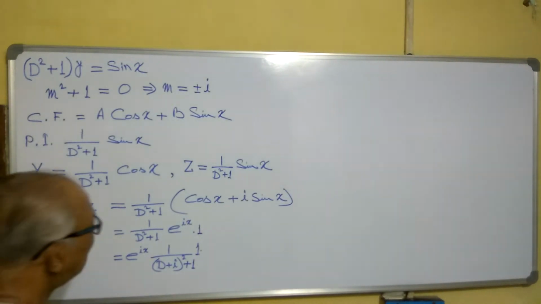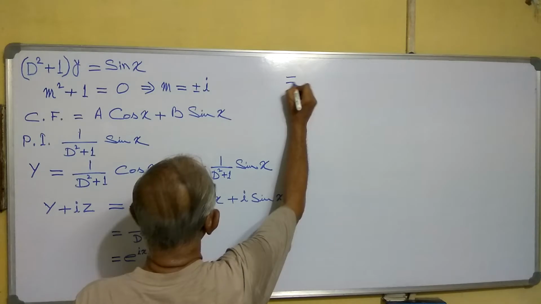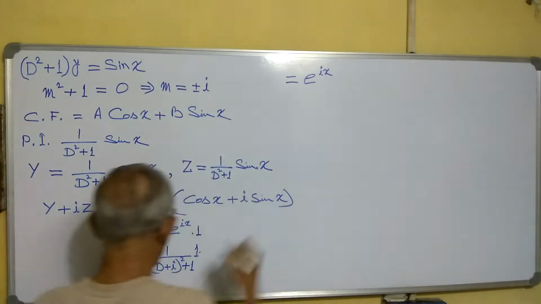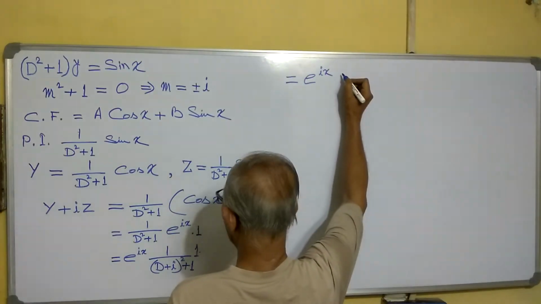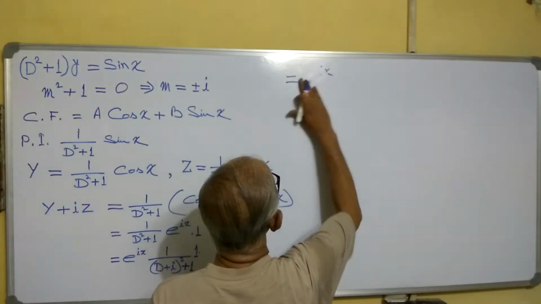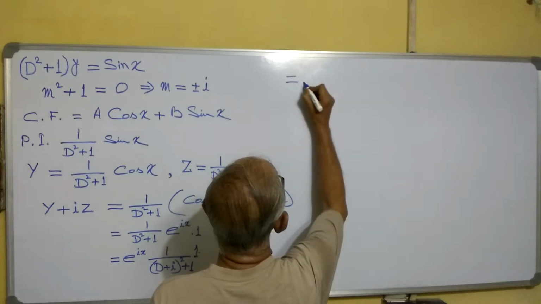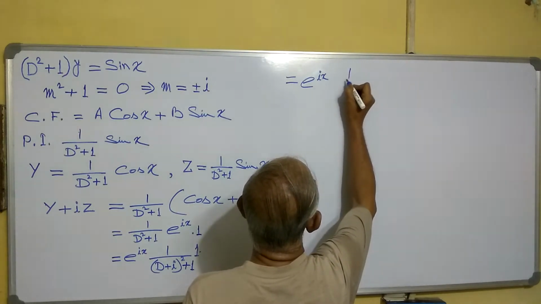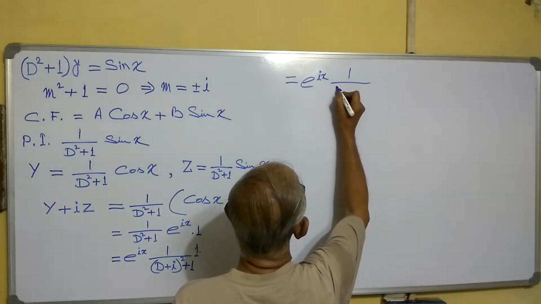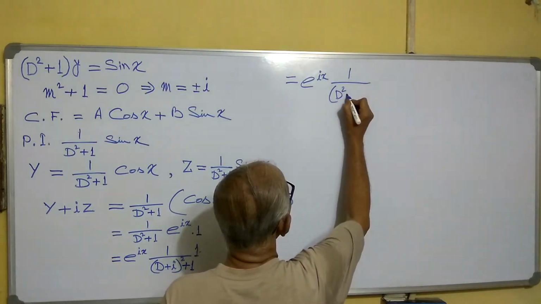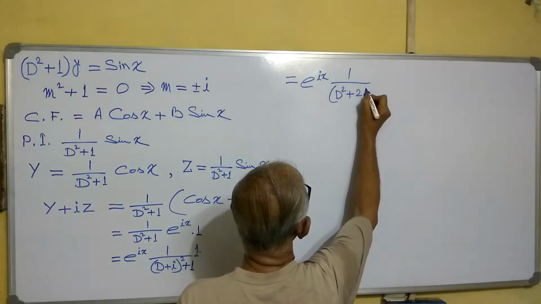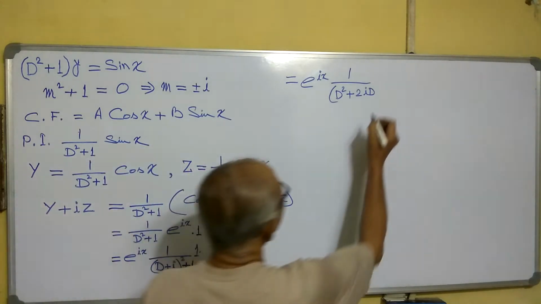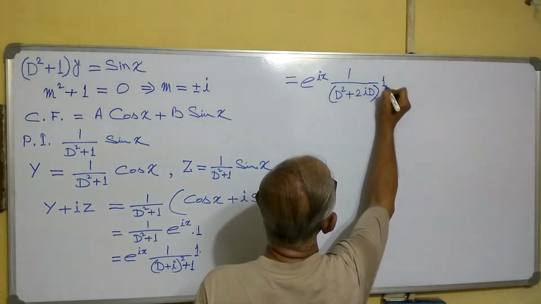Okay, this is equal to, I am showing it here, e to the power ix times 1 by D square plus 2iD plus i square, that is minus 1 plus 1, of 1.